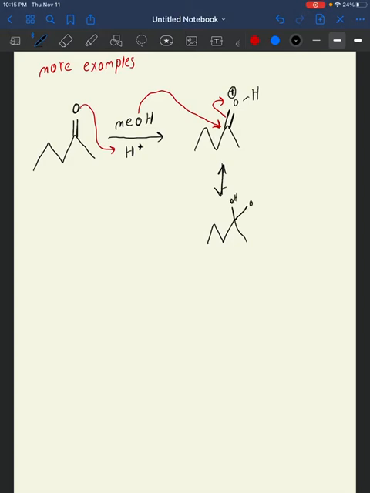OH, OMe, H. Positive charge on that oxygen. This oxygen can now grab this hydrogen. It can donate into that oxygen, leading us to our next intermediate, which looks like this.